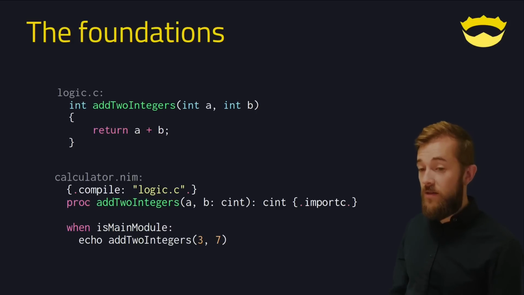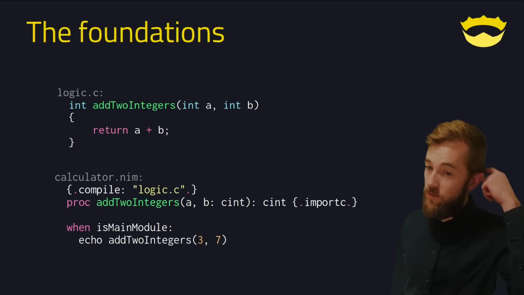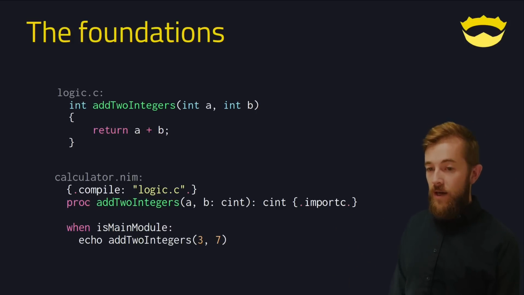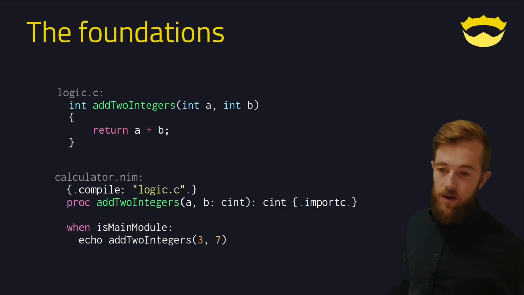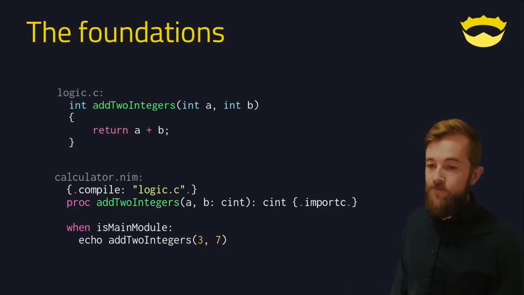Actually, the reason why I wrote Futhark was that I was working on a project that had to integrate with a C program that was loading my Nim program in as a dynamic library, and I needed to access functions and types from the main program.